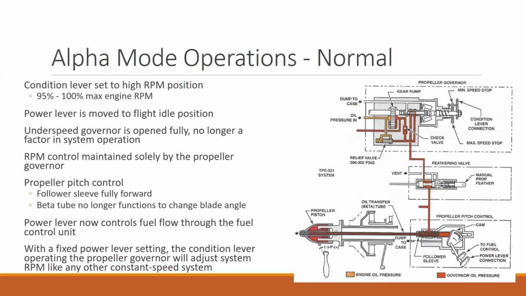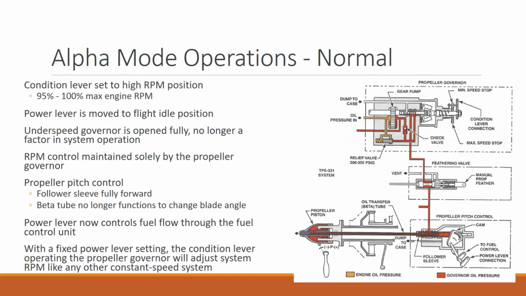Okay. And now the underspeed governor on the engine, the fuel control governor, is essentially taken out of the equation. We have a standard, normal fuel scheduling governor that's going to take over. And now RPM control is not going to be maintained by the fuel control governor.